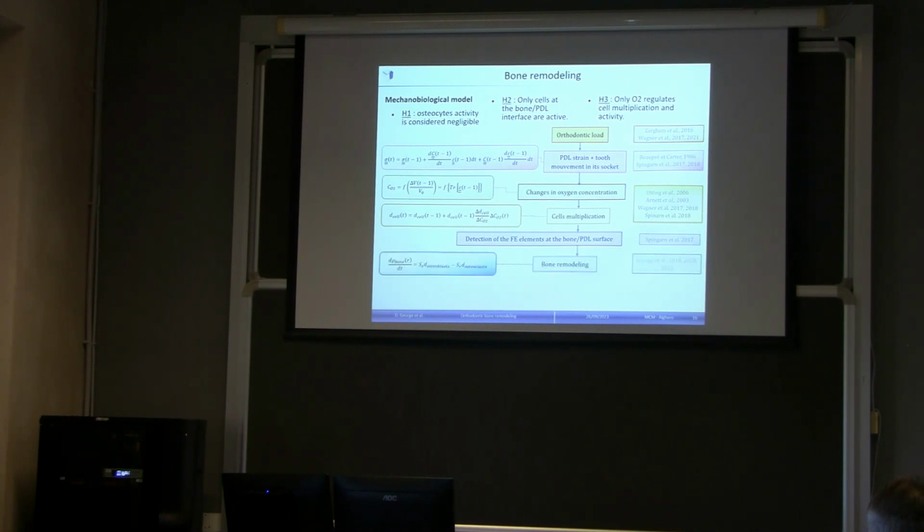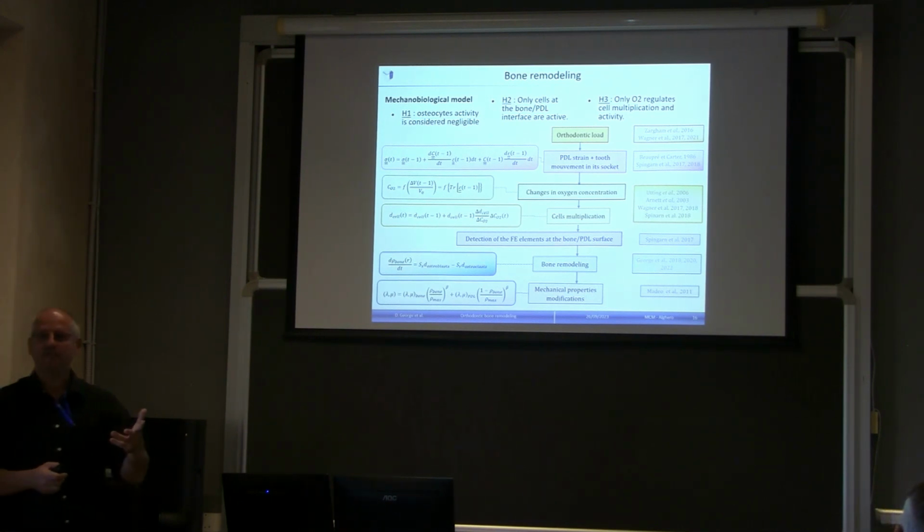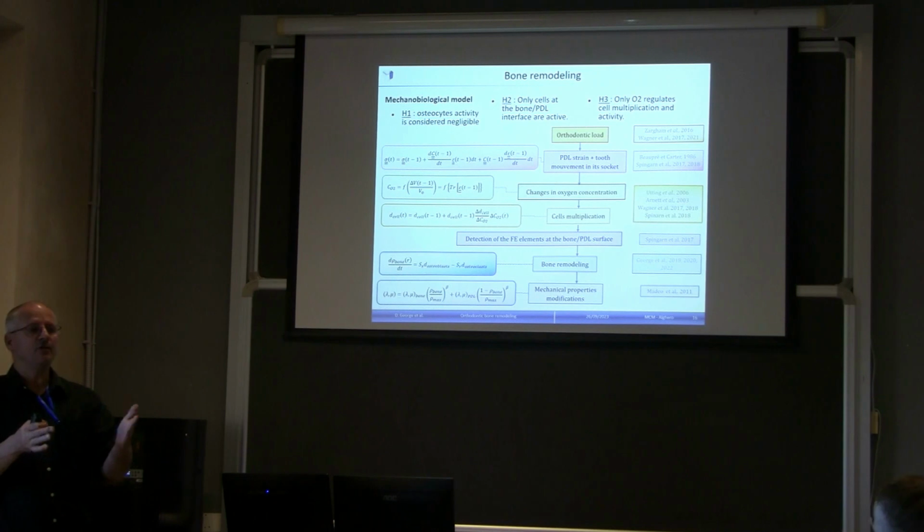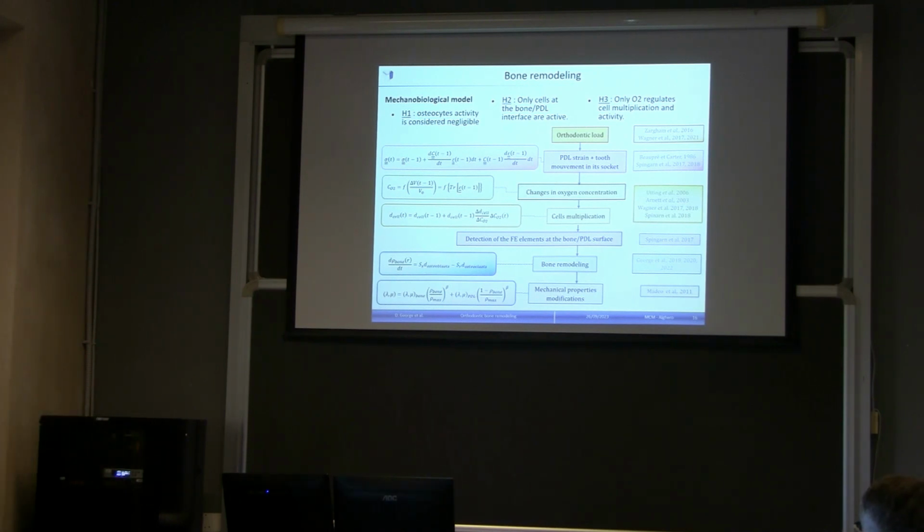And then we run some bone remodeling analysis, which is dependent on the mechanical energy and some cellular activation inside the PDL. Therefore, because we have bone remodeling, we have a change of the mechanical properties. When the mechanical properties change, the tooth can move.